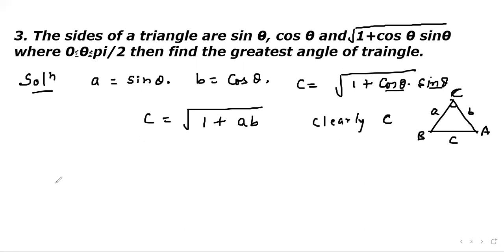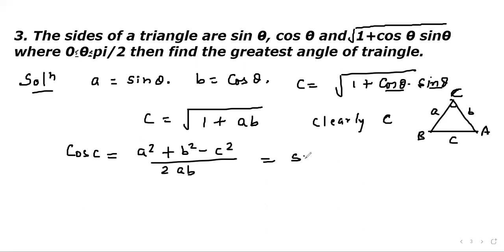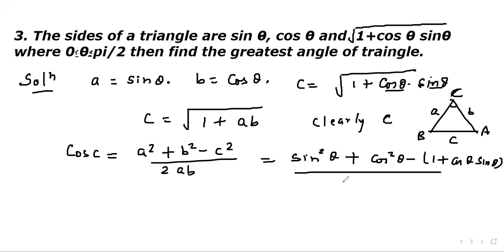Now, we can evaluate cos C equals, using the cosine formula, (a² + b² - c²) divided by 2ab. So putting the values, a is sin θ, so sin² θ plus b is cos θ, so cos² θ minus c². C² means this thing, 1 + cos θ sin θ, divided by twice of sin θ cos θ.